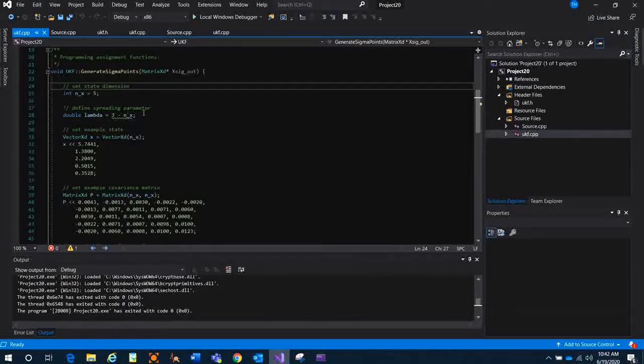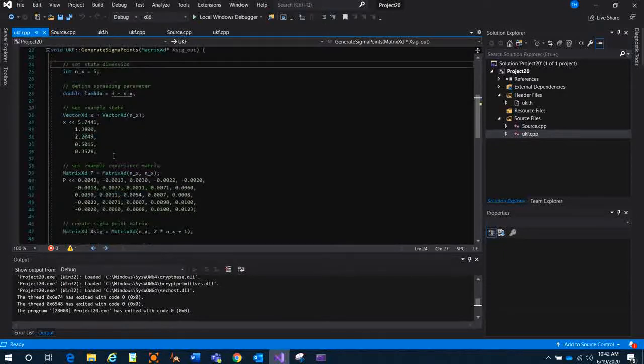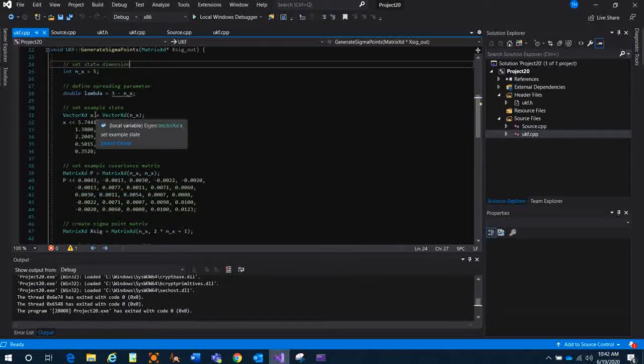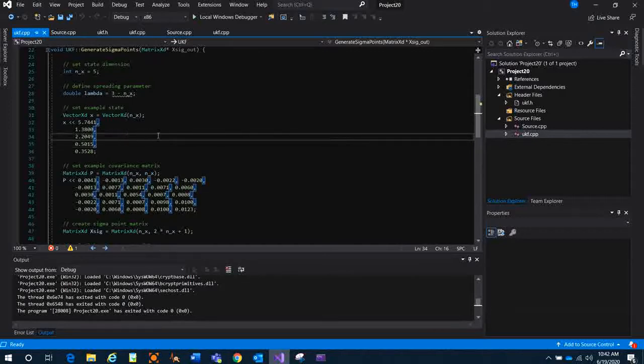And lambda, you use the formula lambda equals 3 minus n_x, right? And we have the mean state and the covariance state at time t equals k, you remember that.